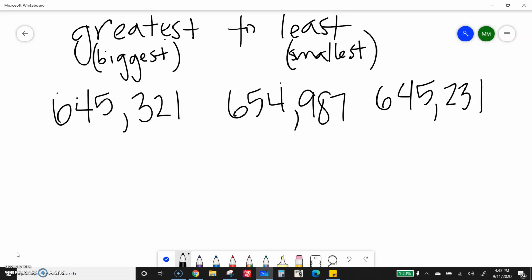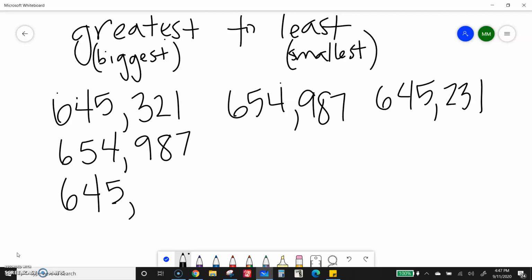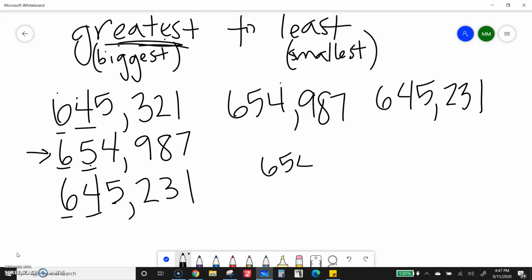All right, so I'm going to write them vertical. Now I'm actually just going to take the second and the third ones and write them underneath the first one. Notice how I lined up my ones, tens, hundreds, thousands, 10,000s, 100,000s. And again on this one. All right, so they all have 600,000. That's a tie. 4, 5, 4. Well, I'm looking for the greatest one. 5 is bigger than 4, so this one must be my biggest one, telling me 654,987 is the biggest.